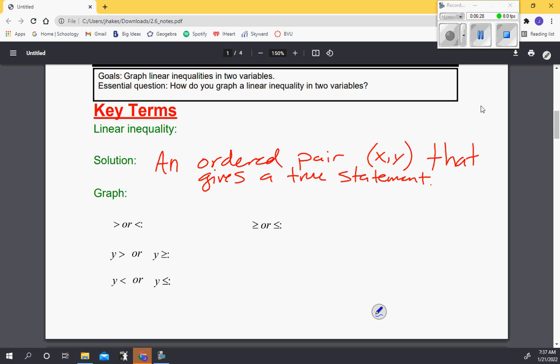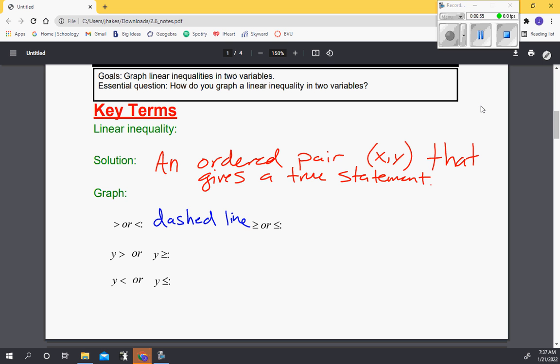However, this is very important to write down. Graph with greater than or less than, we need to have a dashed line. Think about back in chapter 1, when we had greater than or less than, and we were graphing those, we had an open circle because it was not included.